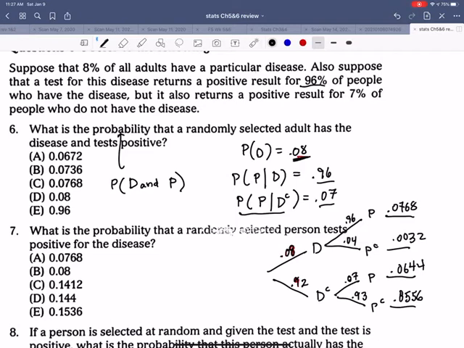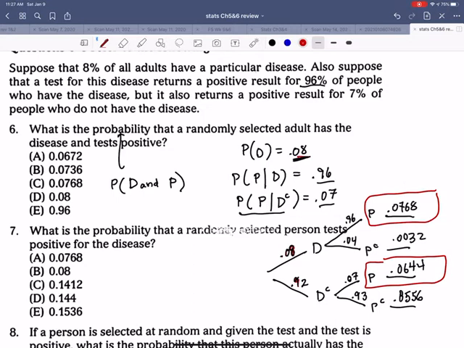Okay. So it says, what's the probability that a randomly selected person tests positive? Oh, I read 7. Oh, that one I can answer. So I haven't really answered 6, but this one's easier. So what are the ones that test positive? This one tests positive, and this one tests positive. So I can add those up because you can't be one at the same time as the other.